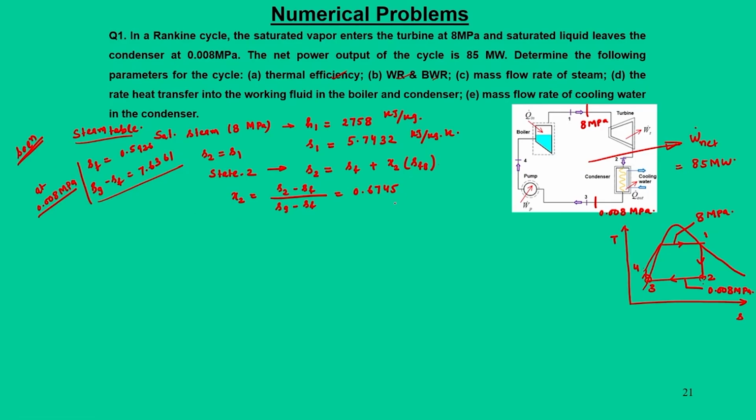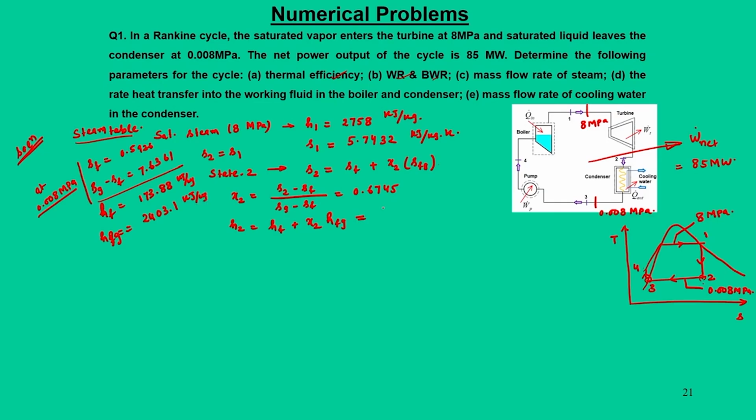Then state 3. Once we know this X2, we can find out H2 is equal to HF plus X2 into HFG, and here also we have HF at this pressure as 173.88 kilojoule per kg, HFG is equal to 2403.1 kilojoule per kg.